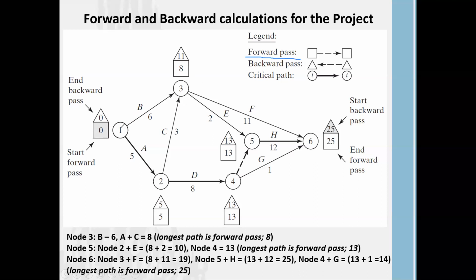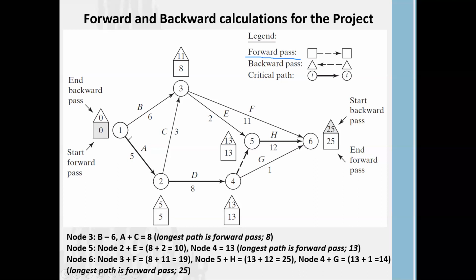For example, this is the starting point of the project. After starting the project, you do activity A, which consumes 5 weeks. Once you come to task 2, 5 weeks have already finished. That is the meaning of forward pass.